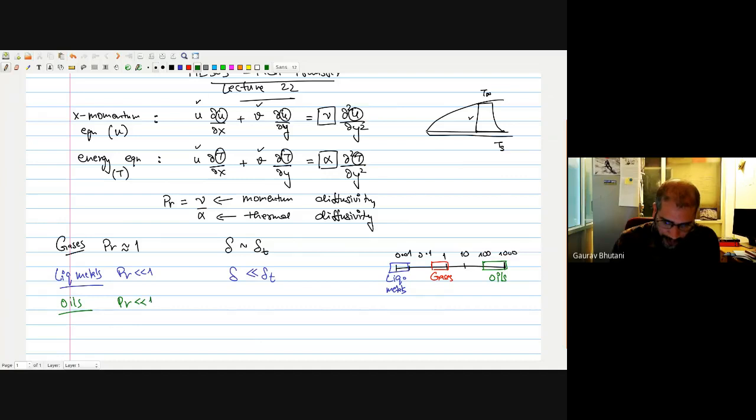So that results in a Prandtl number which is much larger than 1. So what that means is, since the momentum diffusivity is very high as compared to the thermal diffusivity, the momentum effects penetrate much deeper. So that means the momentum boundary layer in this case is much larger than the thermal boundary layer.